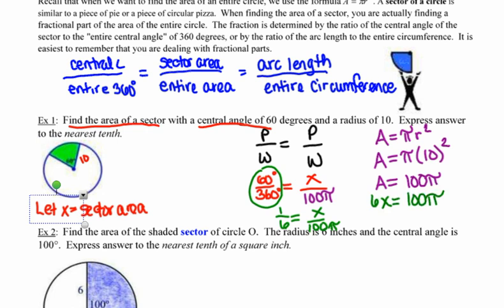And therefore x, or the area of my sector, to the nearest tenth, I would need to get my calculator out, and into my calculator I would substitute 100 pi over 6. And when I do that, I find that the area of my sector is about 52.4 square units.